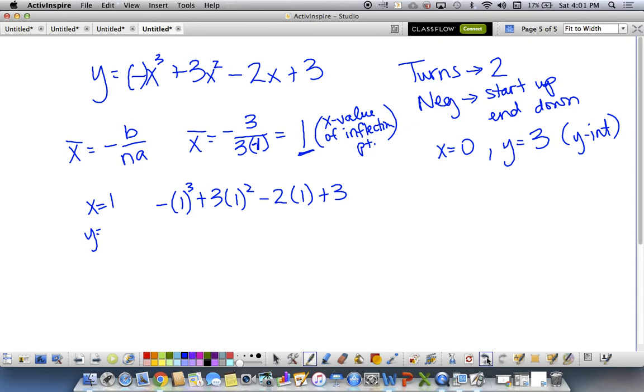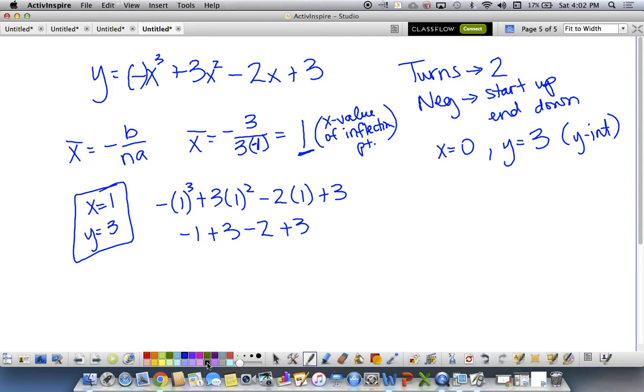So I've got negative 1 plus 3 minus 2 plus 3. 2 minus 2 is 0, 0 plus 3 is 3, y equals 3. So I have another point of an inflection point where it's going to change direction.